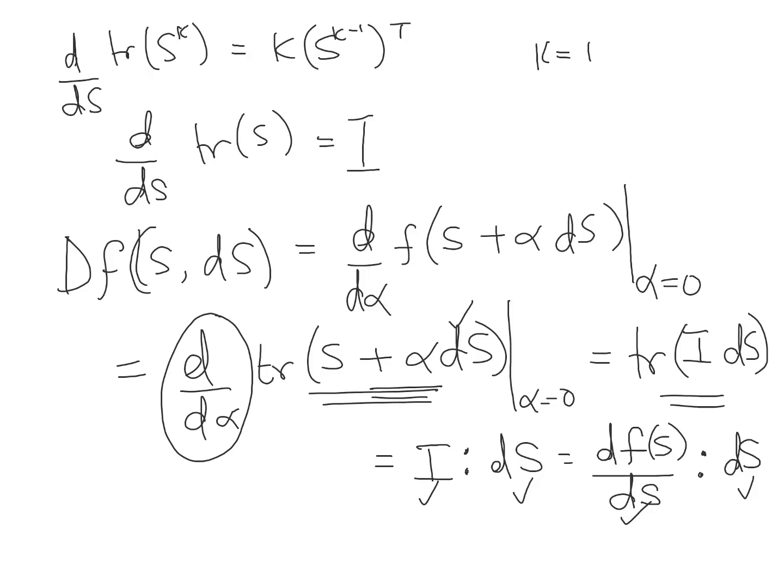So from here, you can see that the derivative with respect to S of the trace of your tensor S is actually an identity tensor. Remember that this is the first thing we wanted to show.